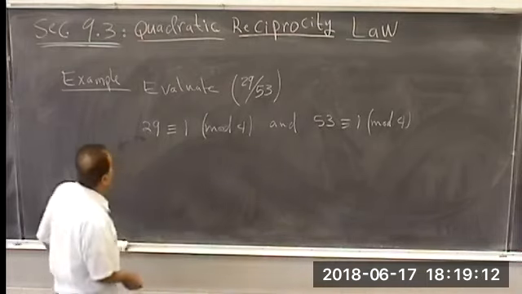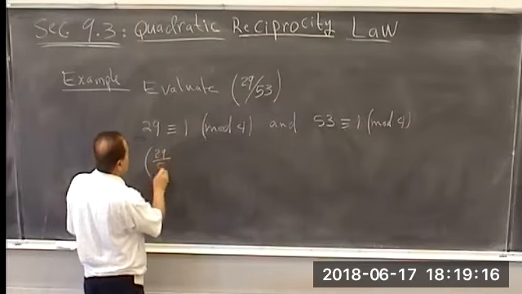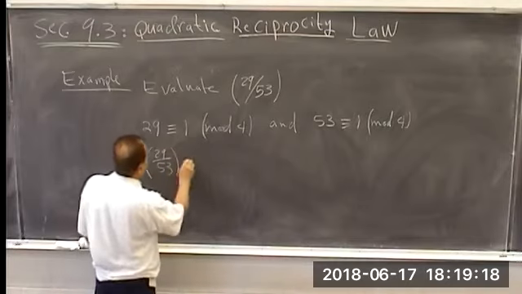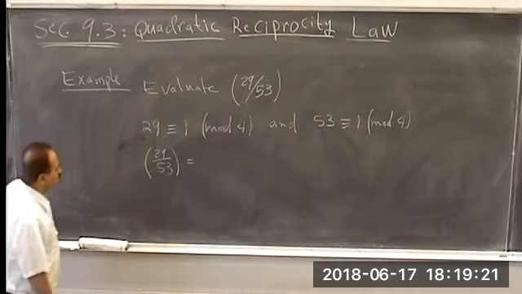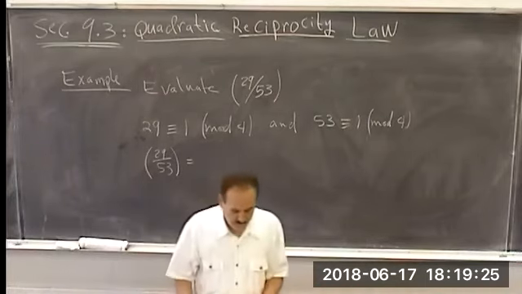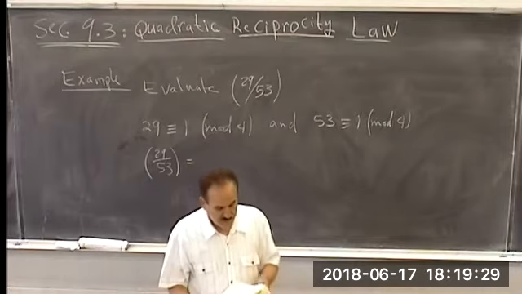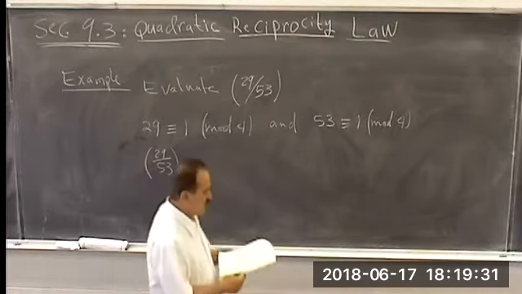So let's go with 29 over 53. Actually, we're going to apply corollary 2. Remember that corollary 2 lets us go back in here and express one in terms of the other.